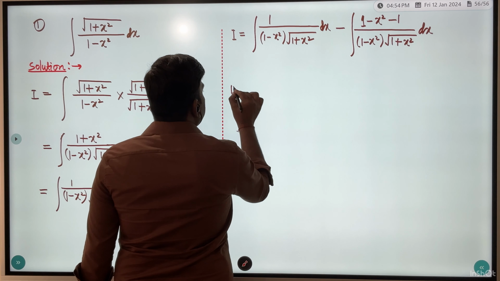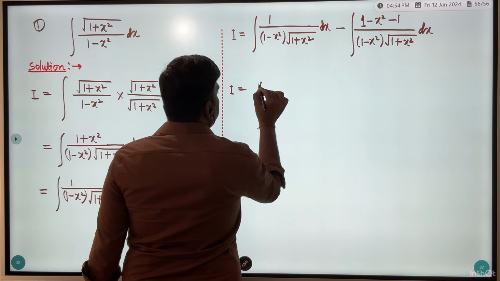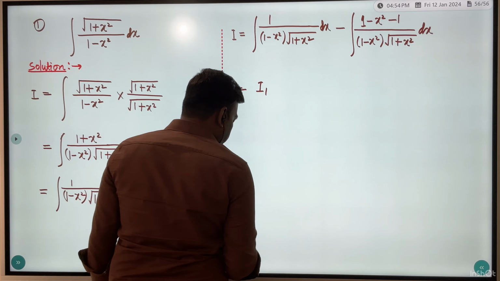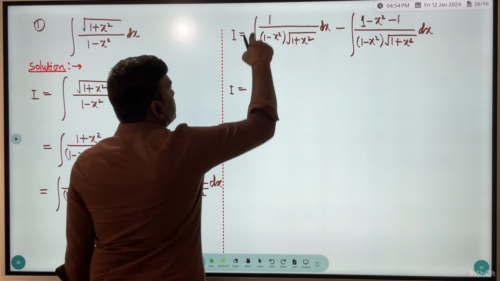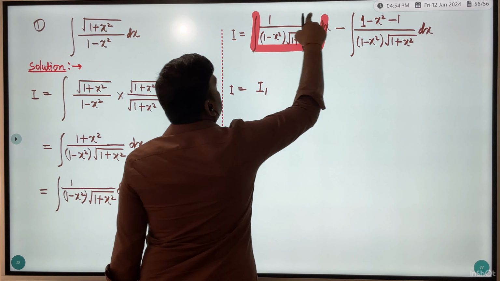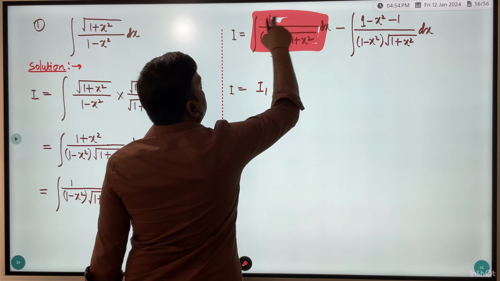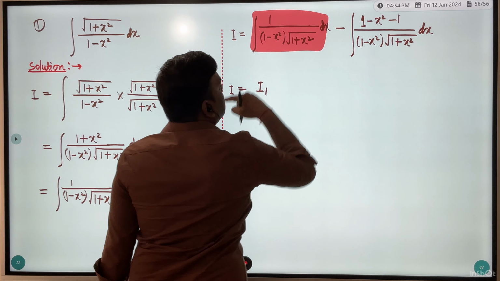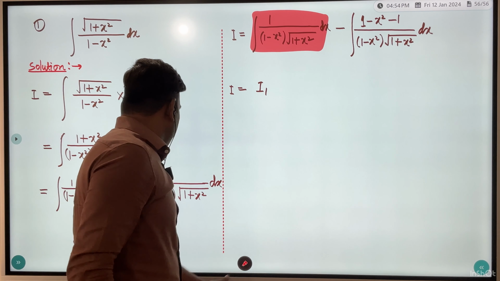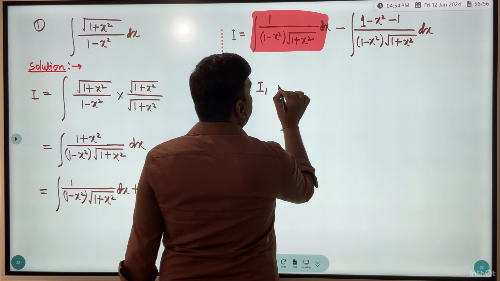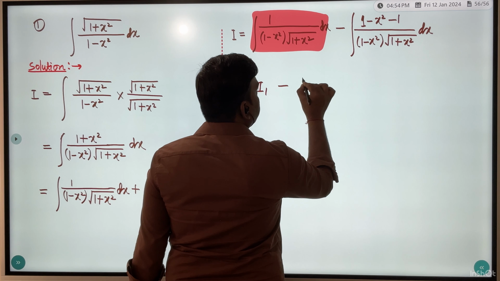Why have we done like this? In the second numerator, in the second integral term, we can separate 1 minus x square and 1, so that the 1 minus x square term, which is already present in the denominator, will get cancelled out. So now this whole integral can be written as I1.